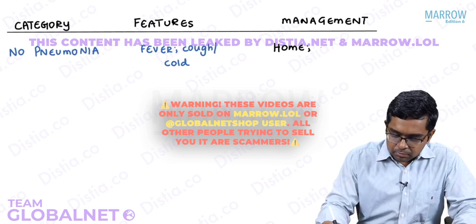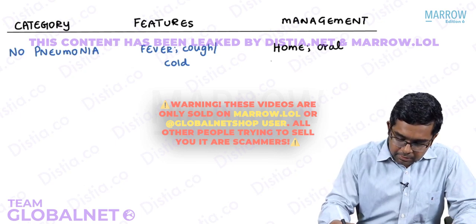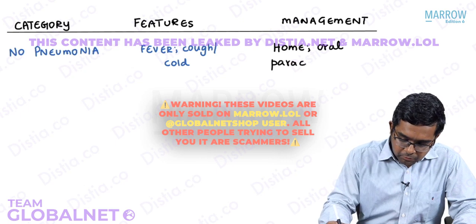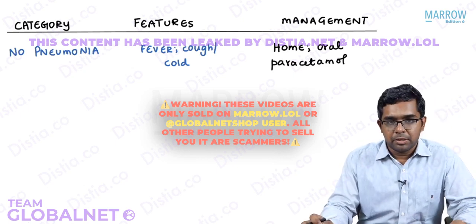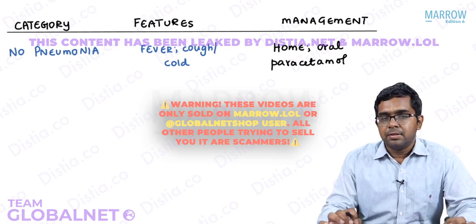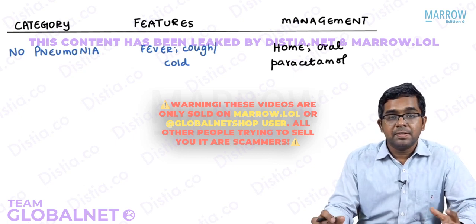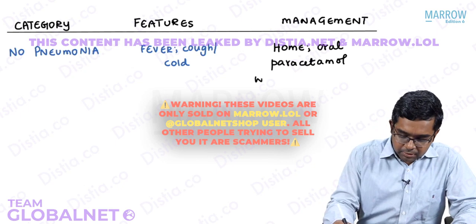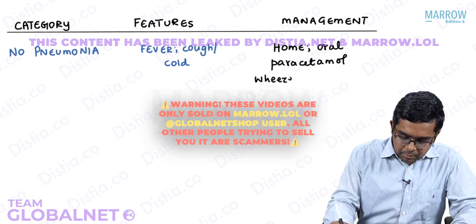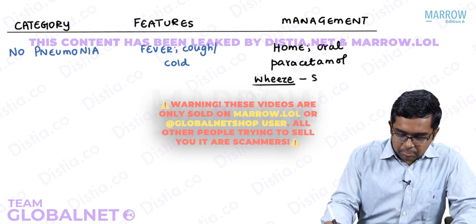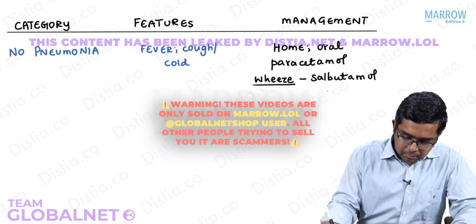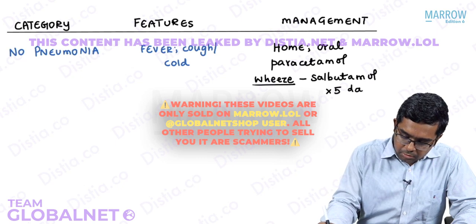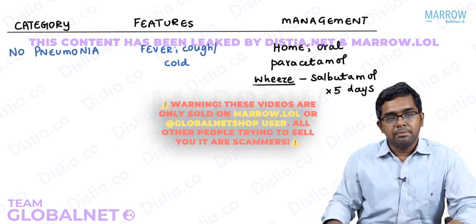You have to give oral paracetamol for management of fever. That is all that is required for this management. And in some of the children with cough, sometimes wheezing is also noted. If wheezing is noted, then you can give salbutamol for 5 days. That is what is recommended for no pneumonia management.